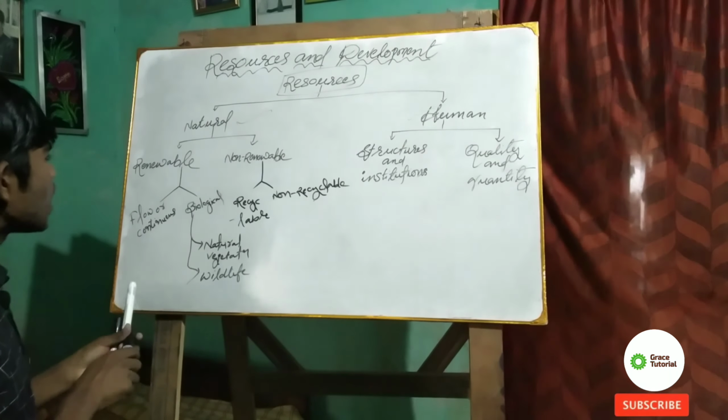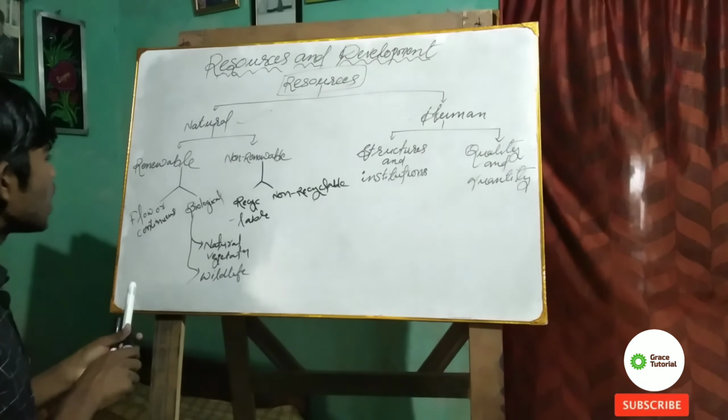These renewable resources have been further categorized into two forms. One is the flow or continuous resources, and number 2, the biological resources. So what do we mean by flow or continuous resources? These are the resources which can be reproduced, which can be replenished, and can be used at a time.